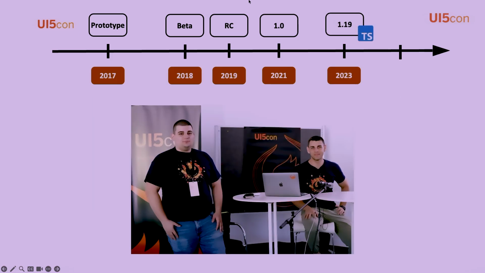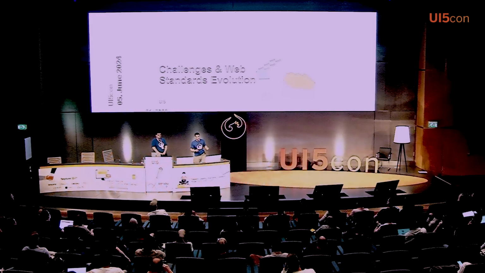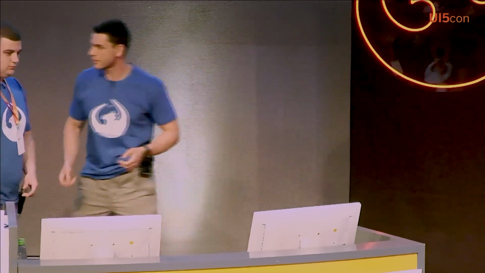Last year, we did a huge migration towards TypeScript by rewriting basically the entire code base to TypeScript. And we come to this year, and it was really a year full of very interesting developments in the web standards that shaped our next steps and helped us address long-standing challenges. But Nayden will tell us more. Okay. So, hi.